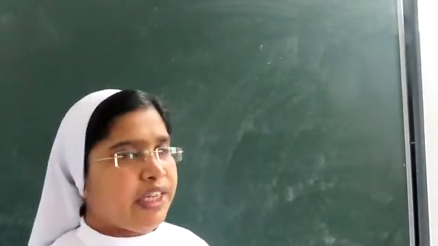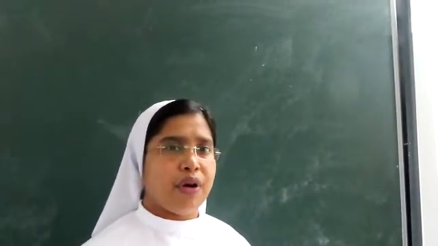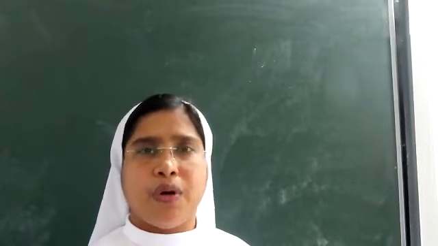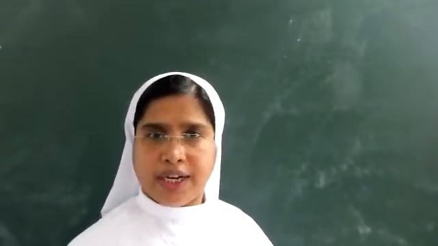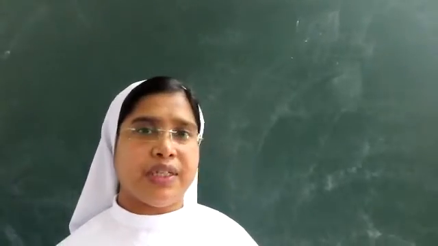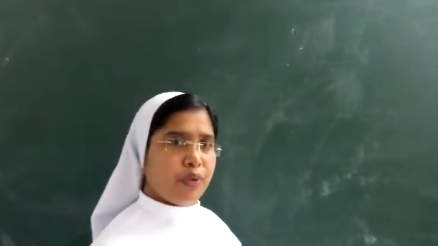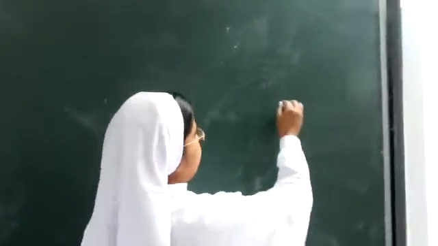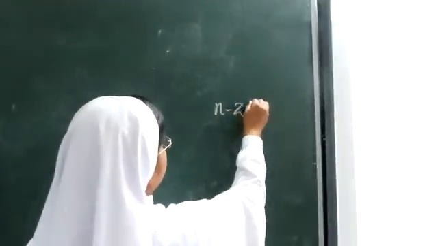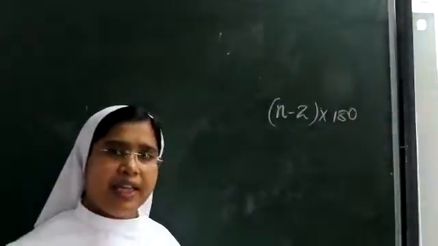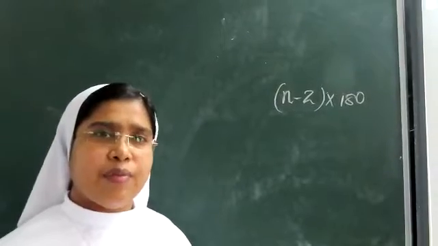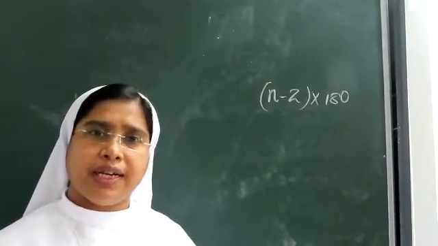So the other day we were discussing the sum of the inner angles of a polygon and the sum of the outer angles of a polygon. What is the sum of the angles of a polygon? The inner angles sum, we know, is (n minus 2) into 180, right? Now what is the sum of the outer angles of a polygon?